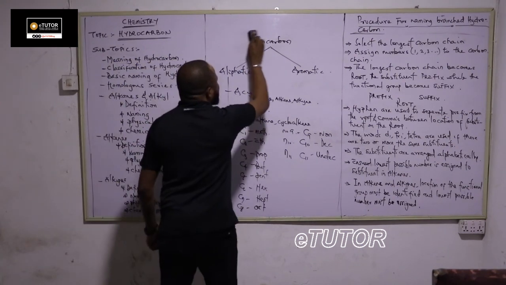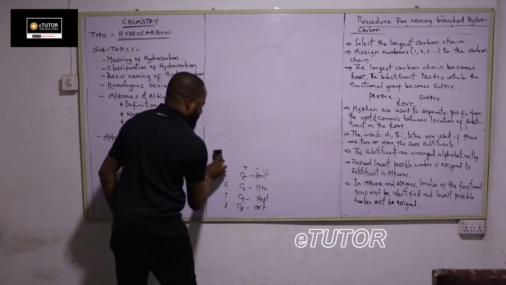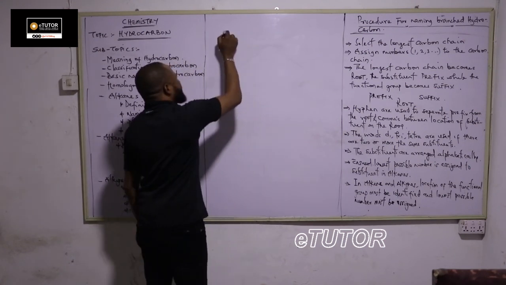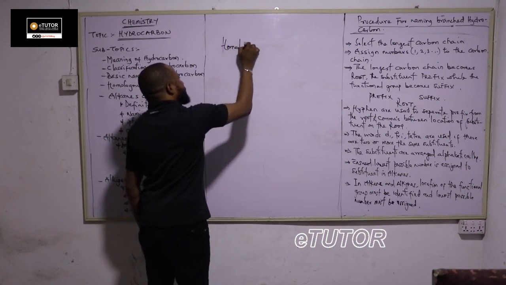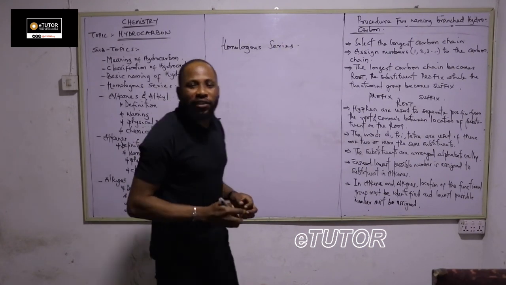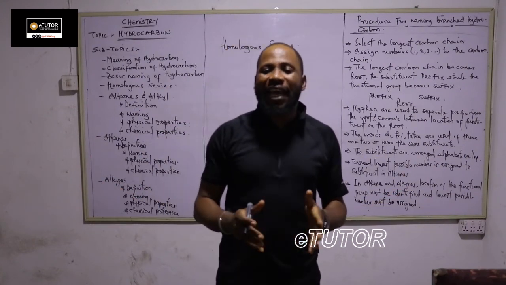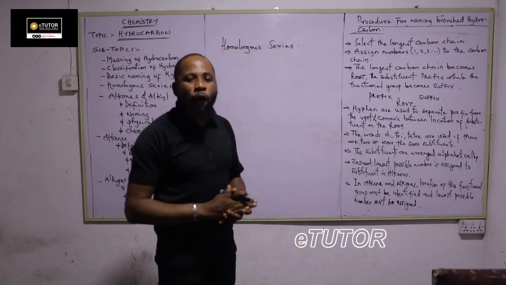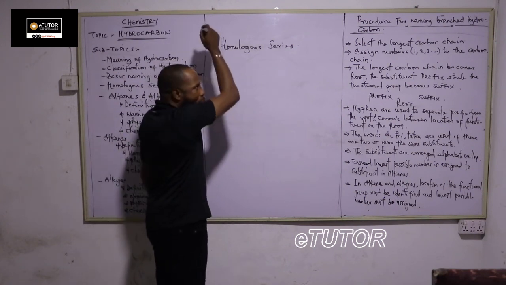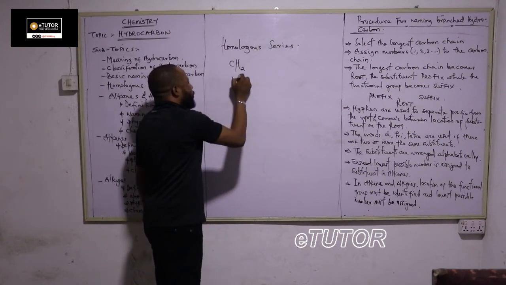Now, let's move to the homologous series. Homologous series is a sequence of hydrocarbons, or a sequence of compounds having the same functional group, and each member of that compound differs from another by a molecular formula of CH2 and molecular mass of 14.